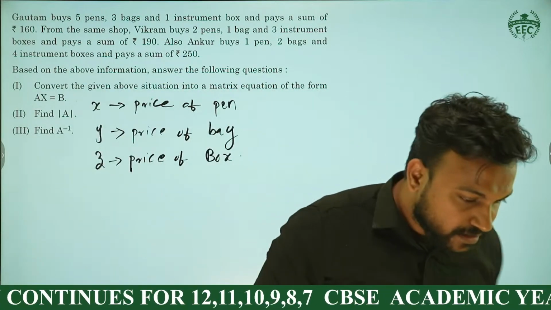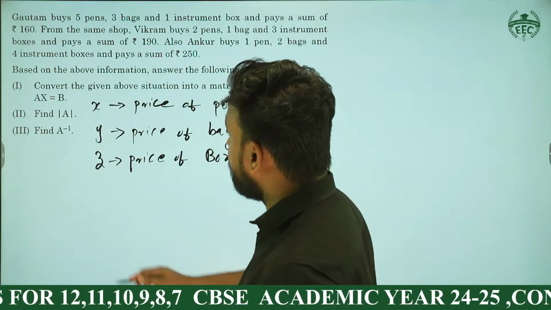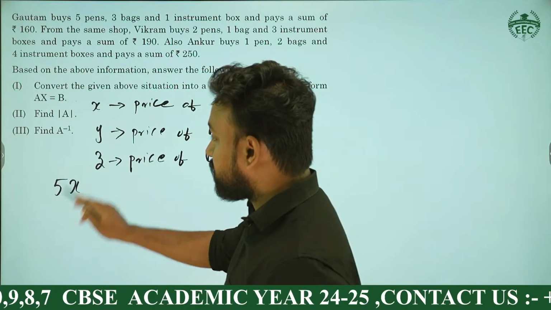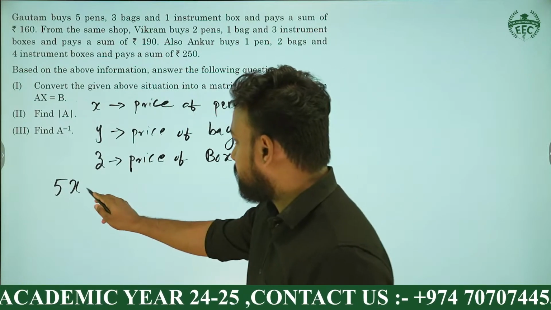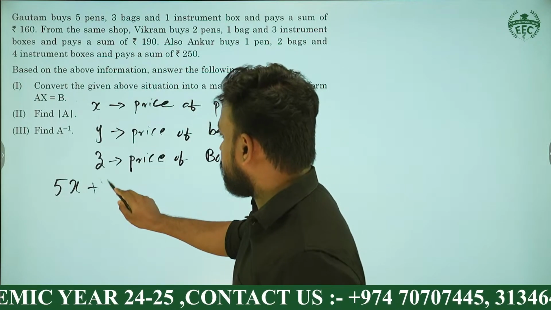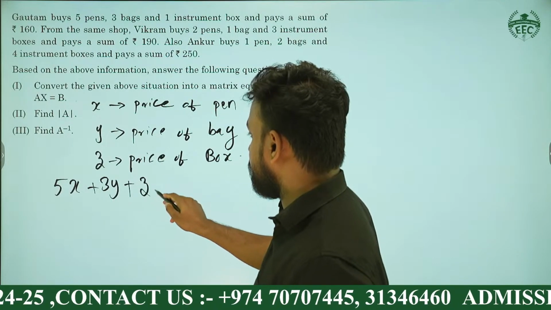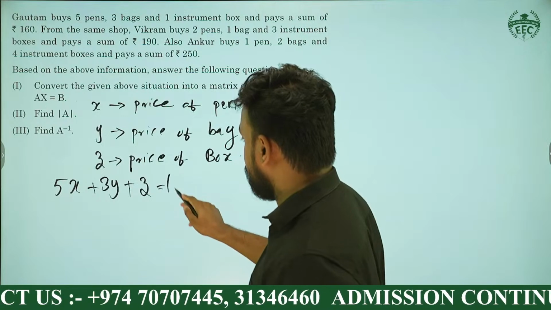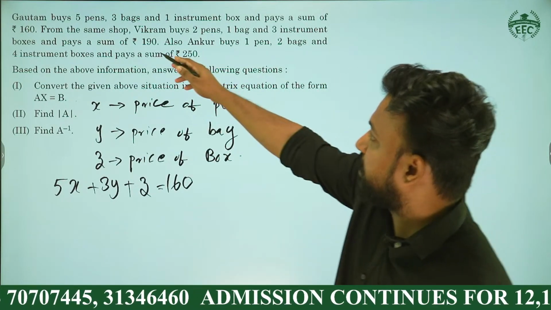Did you get it? Then listen guys, Gautam buys 5 pens so he should pay 5x, plus he buys 3 bags, 3y, plus he buys 1 instrument, z. All these amounts together, he pays a sum of 160. Ready? Then what about Vikram?